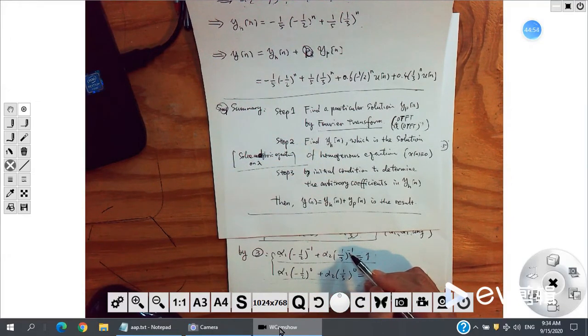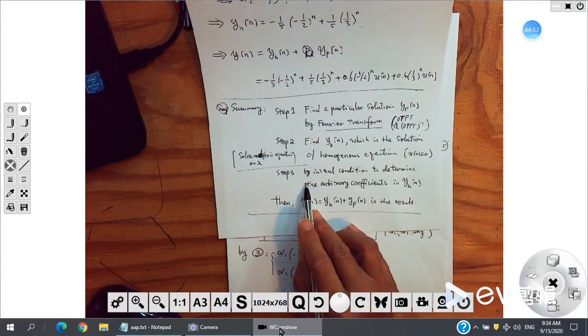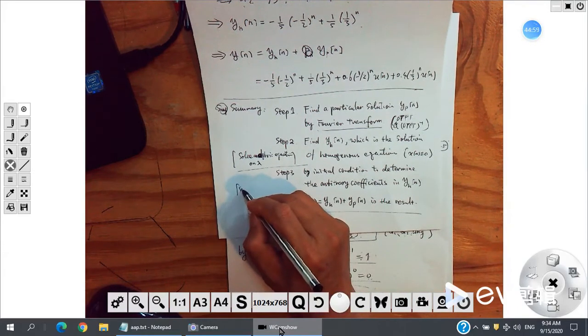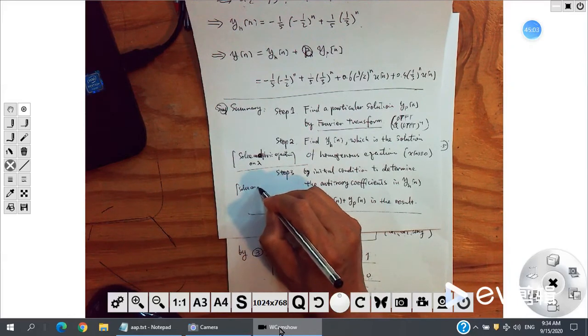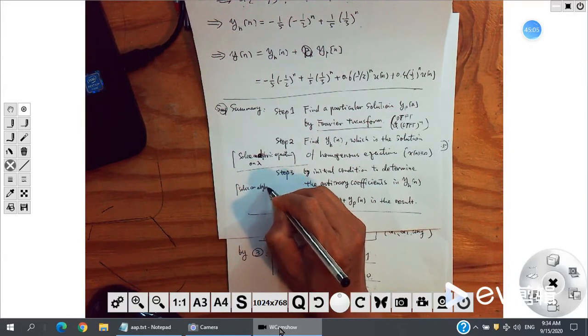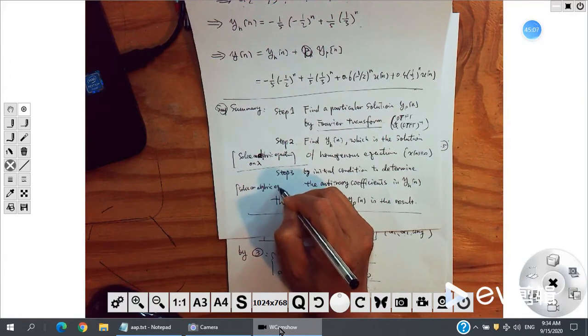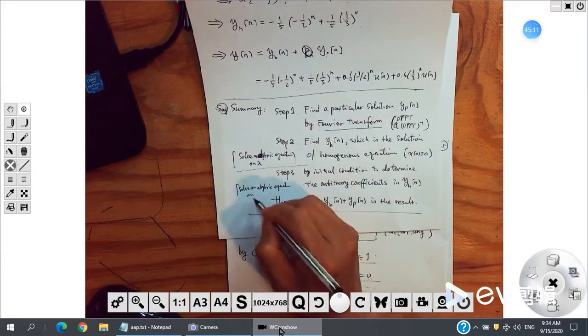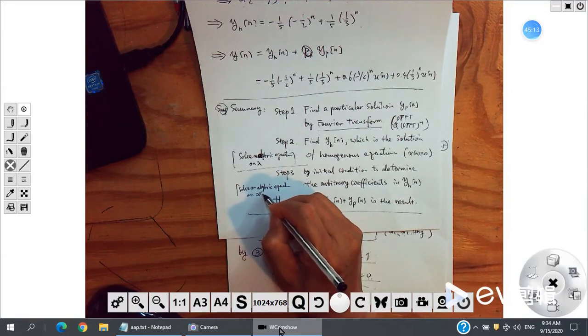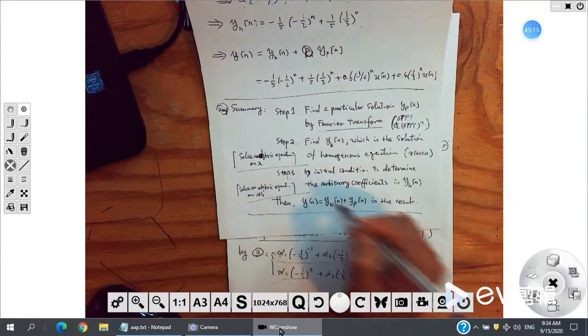This is step 2. And in step 3, you also need to solve an algebraic equation on those coefficients, on those alphas.